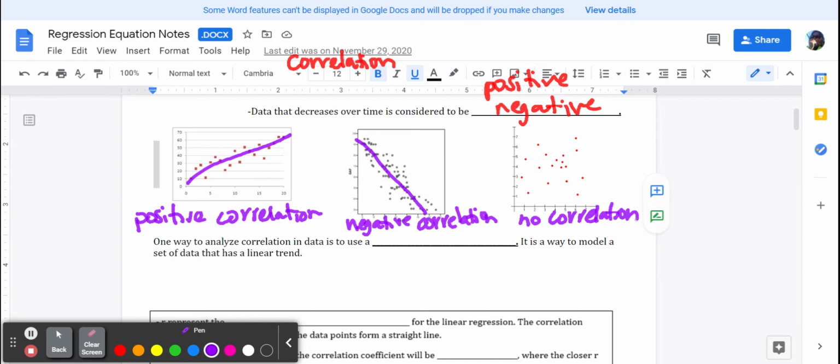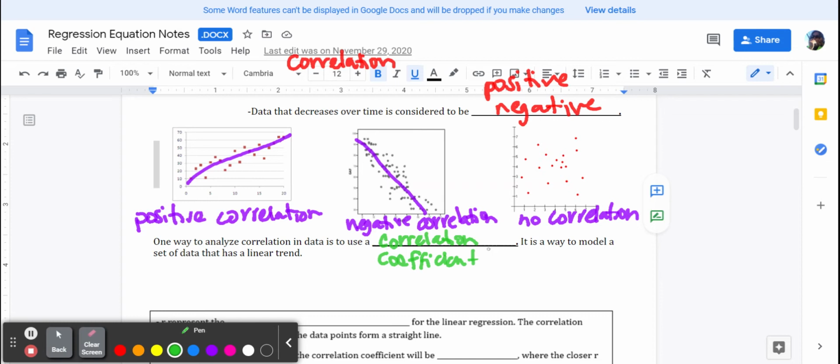So one way to analyze the correlation is to use what we call a correlation coefficient. The correlation coefficient is a way to model the set of data and the trend that this linear function has.